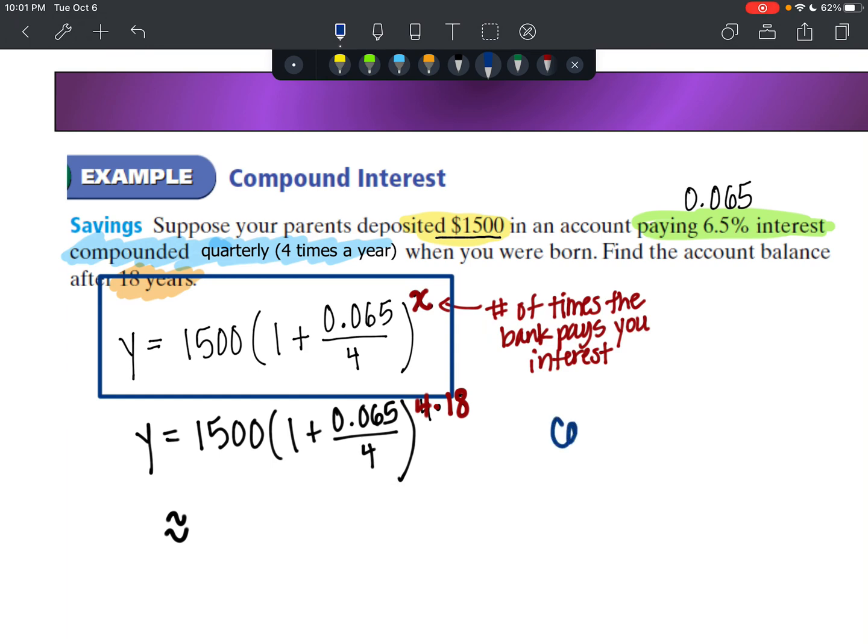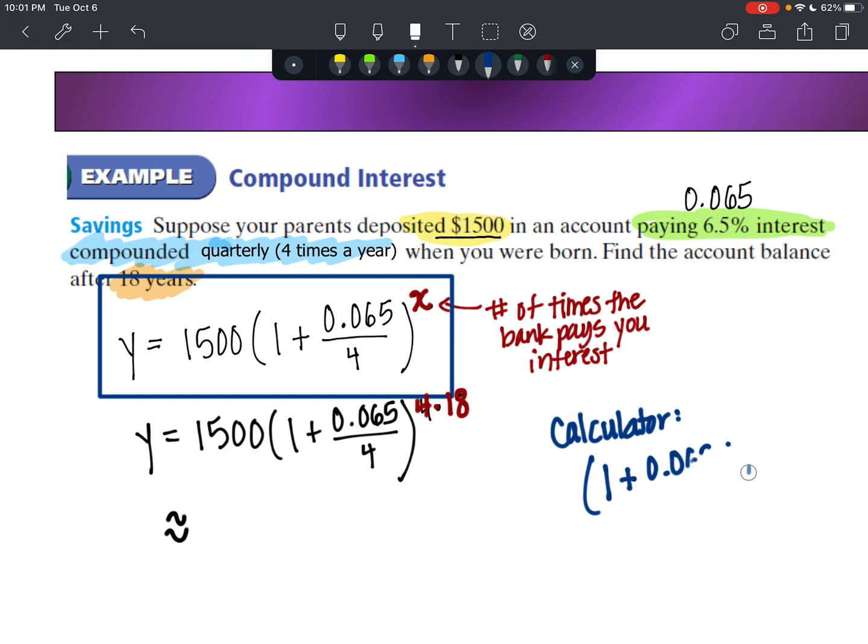In the calculator, I would do what's in parentheses first. 1 plus 0.065 divided by 4.